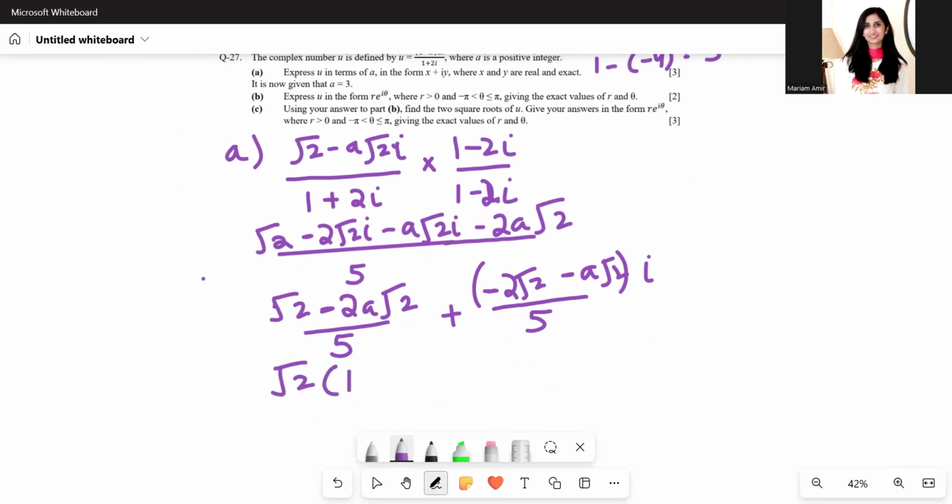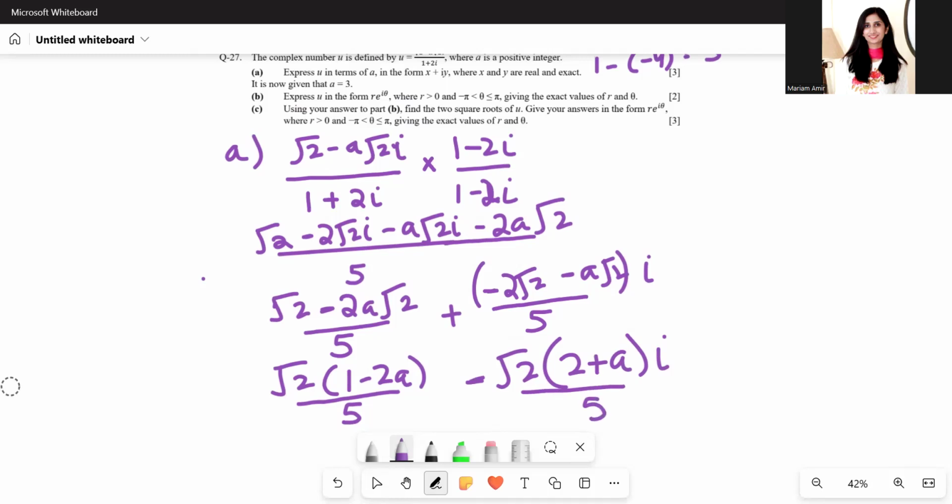We get (1 minus 2a) upon 5 minus √2 common, (2 plus a) iota over 5. This should be the answer in proper x plus iota y form. Okay, so the first part is done.